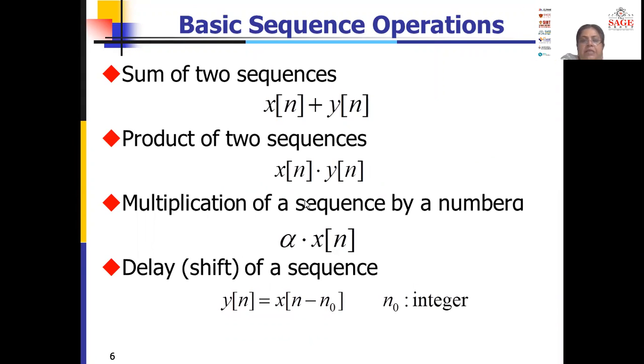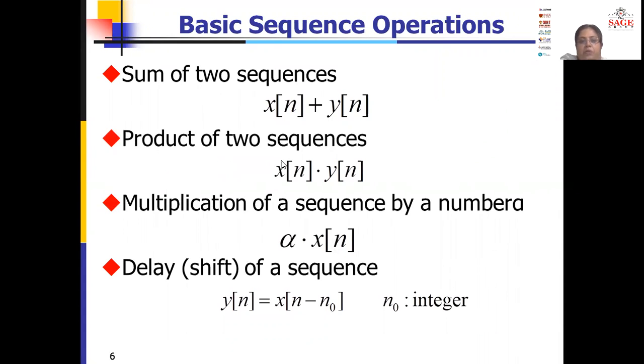Now the basic sequence operations which can be performed on discrete time signals: we can sum two sequences. If we take one sequence represented by x[n] and the other sequence represented by y[n], we sum the two sequences.